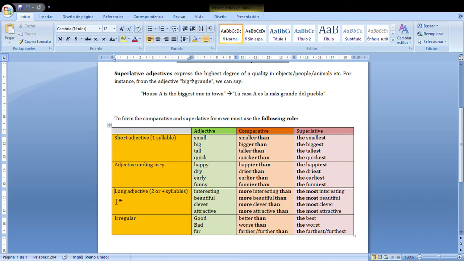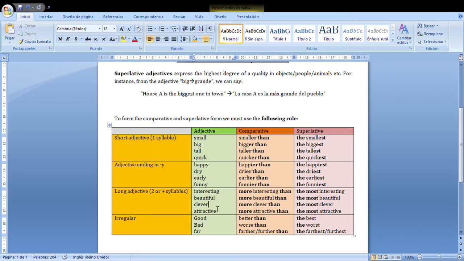Third case, which is for long adjectives. It doesn't have to be 8, 9 syllables. When we say long, we mean 2 or more syllables. Interesting, in this case it's 3 syllables. Beautiful, 3 syllables.